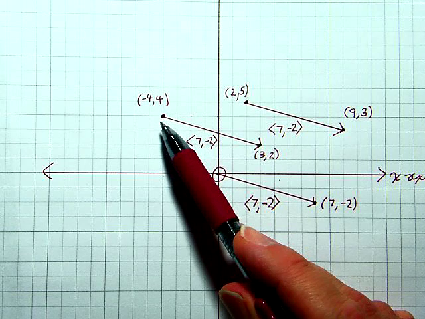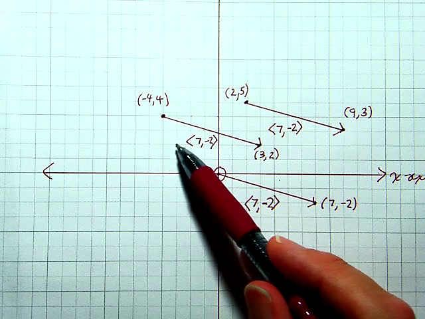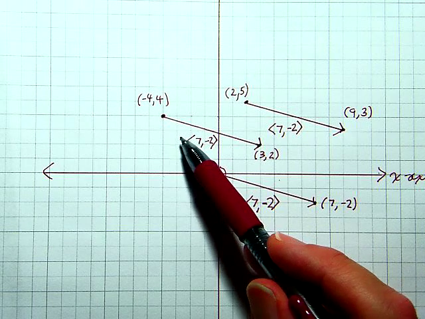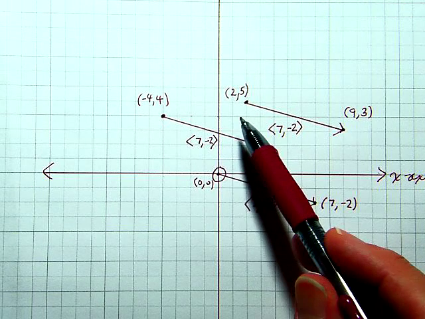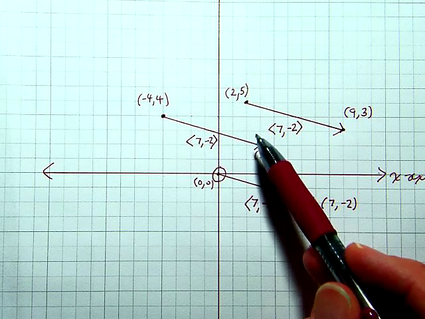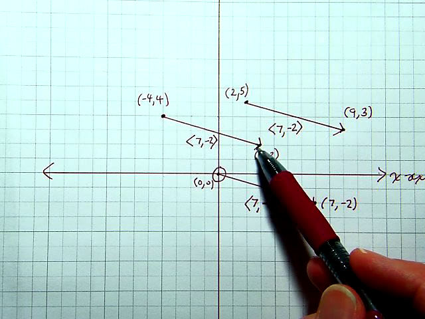In other words, if we're given the starting point, these brackets tell us how far we have to go to the right, 7 units to the right, and then how far we have to go down, in this case 2 units down, to create the ending point of the arrow.